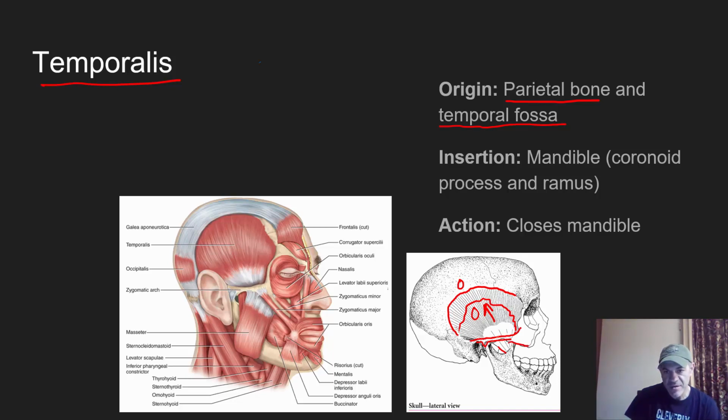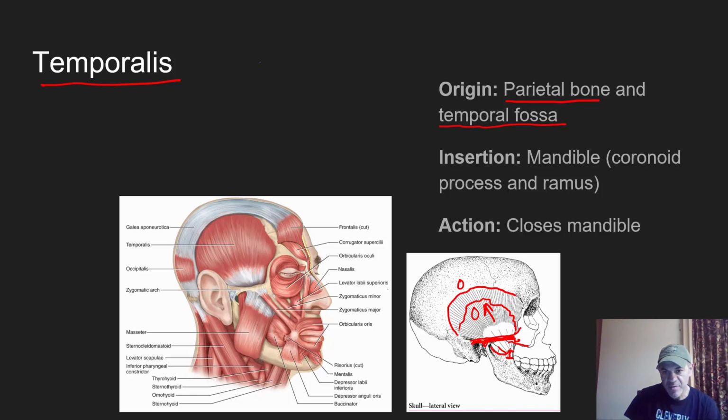There's space behind there, so the muscle goes behind there, and this structure right here that I'm tracing or shading in, that's your zygomatic arch. So the muscle goes behind the zygomatic arch and inserts right here on the mandible.